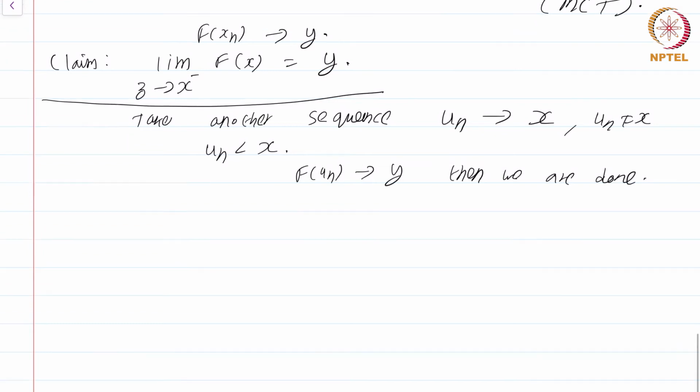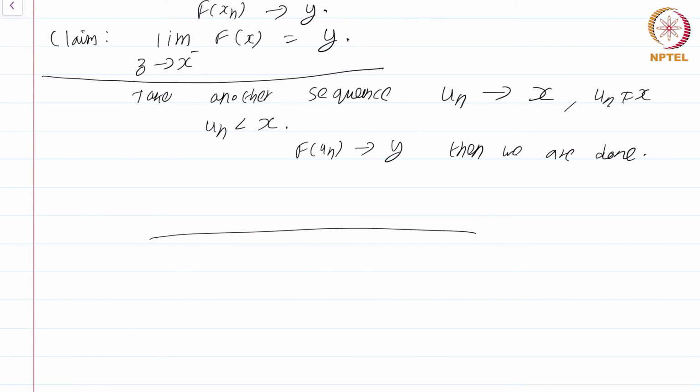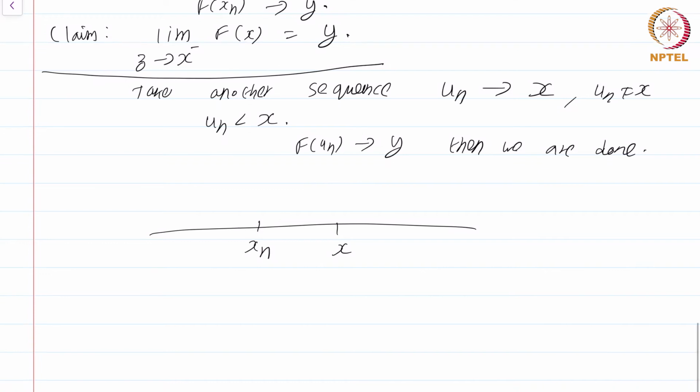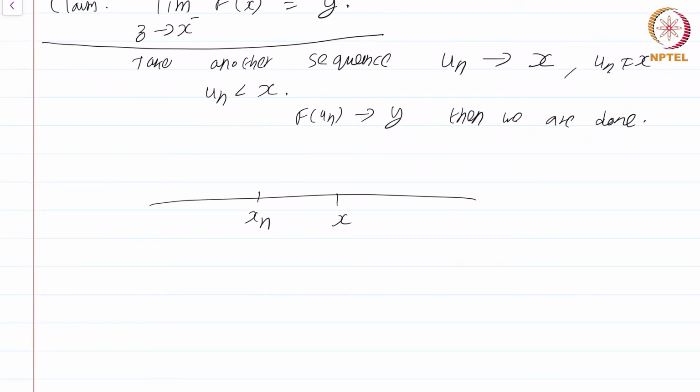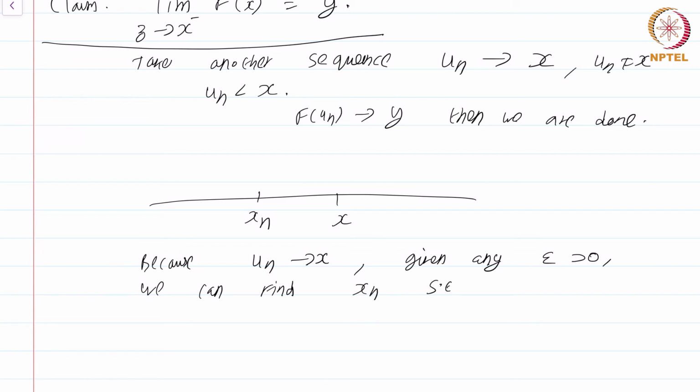Well, think about what is happening. We have this point x and we have this sequence xn. Now because un converges to x, given any epsilon greater than 0, we can find capital N such that two things happen.